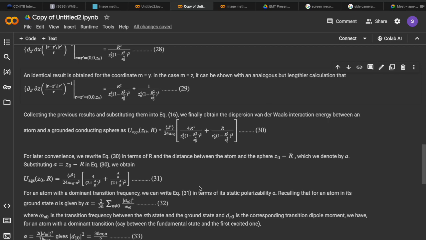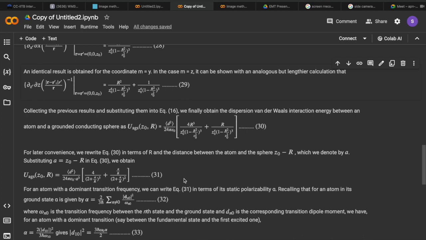Substituting a equal to z0 minus R in equation 30, we get equation 31, which states U_AGS is equal to d square by 24 pi epsilon naught a cube times this whole expression.